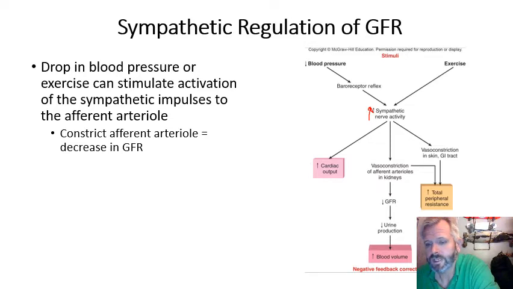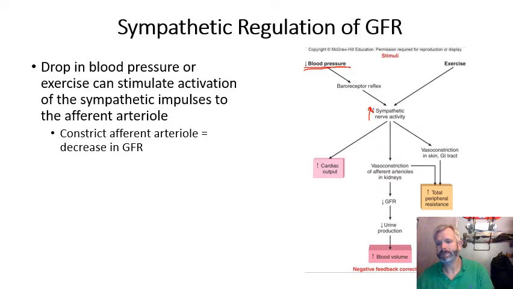If GFR goes down, there's less urine production, and that will increase blood volume. What does blood volume do? It increases blood pressure. What was the initial stimulus? Low blood pressure. So the sympathetics can stimulate the vasoconstriction to limit the urine production, and therefore we retain more water in the blood and increase our blood volume, and that can help offset that blood pressure.